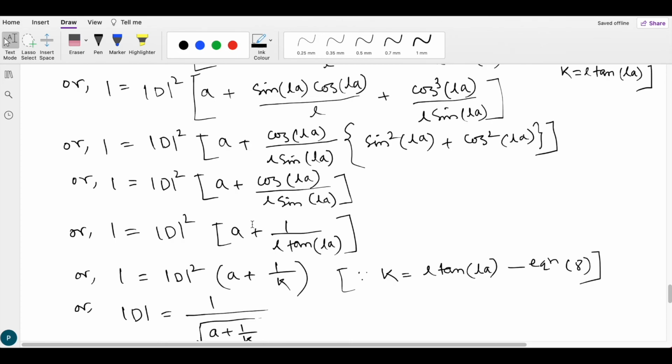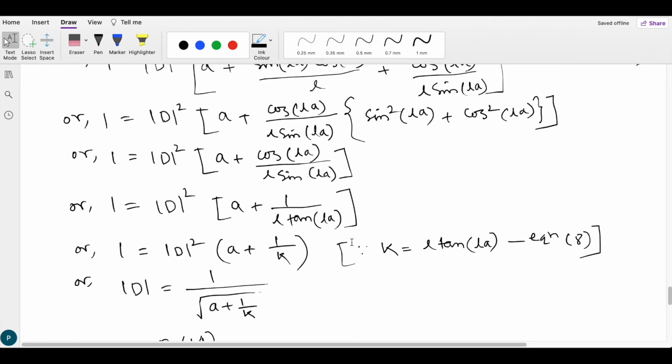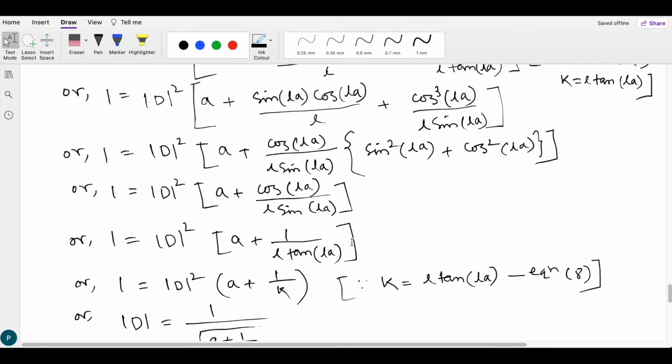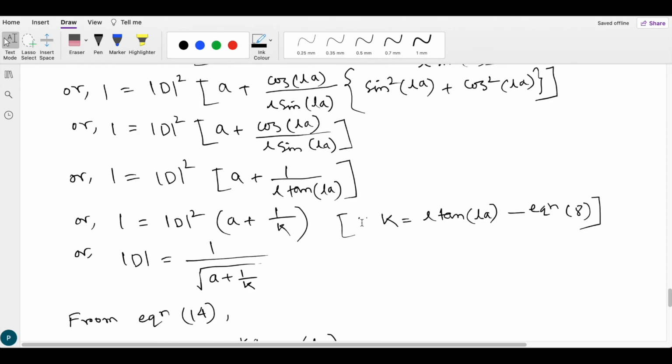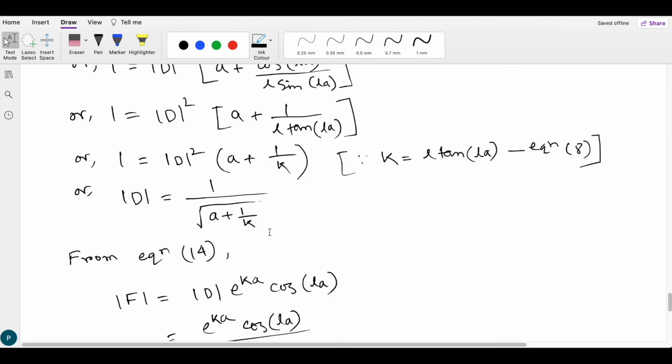So we get a plus 1 by l tan la, and we had used k equals l tan la with the help of equation 8, and we are replacing it back. So the equation becomes 1 equals d square times the bracket a plus 1 by k. So d becomes 1 by root over a plus 1 by k.